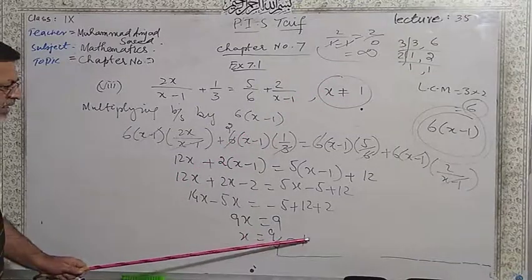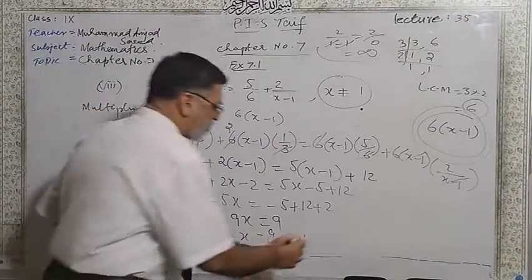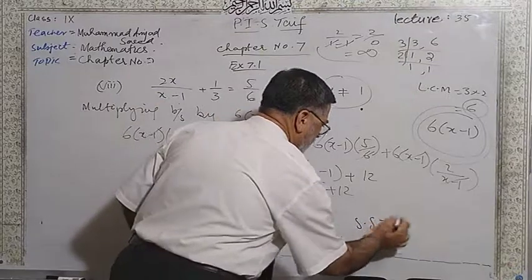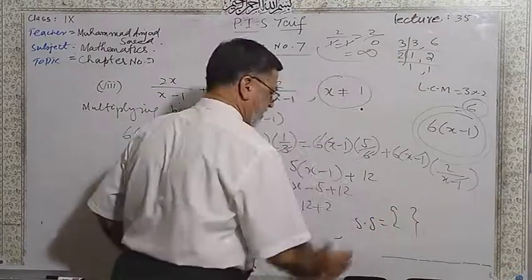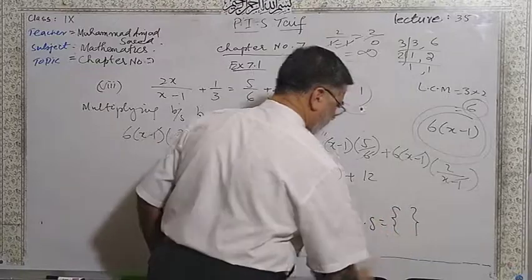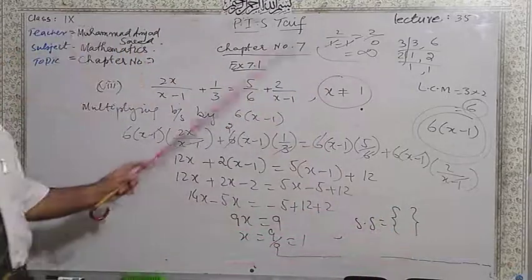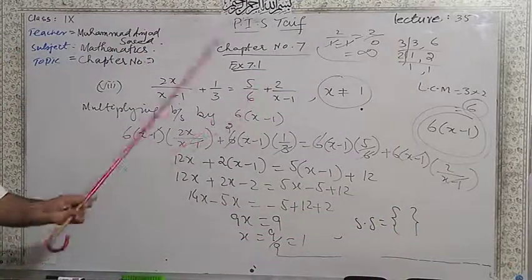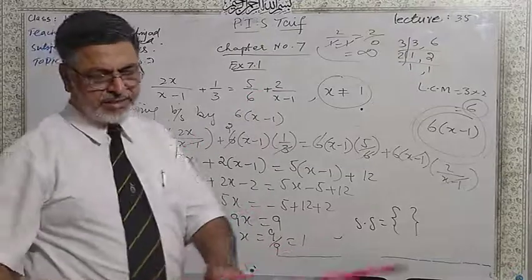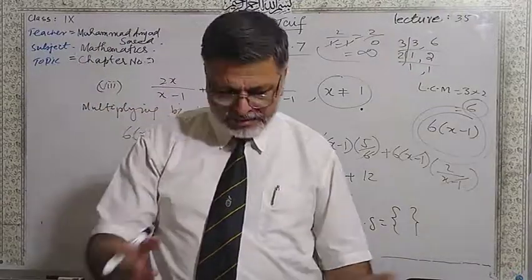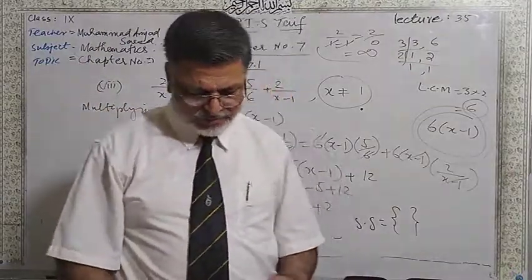So as we are getting x equal 1, your solution set is an empty set. That was the reason why I took this part number 8. I hope that the other part you can do by yourself.